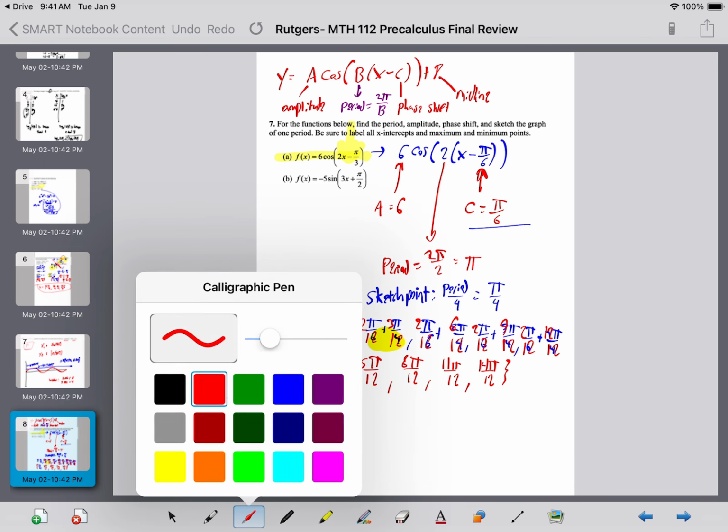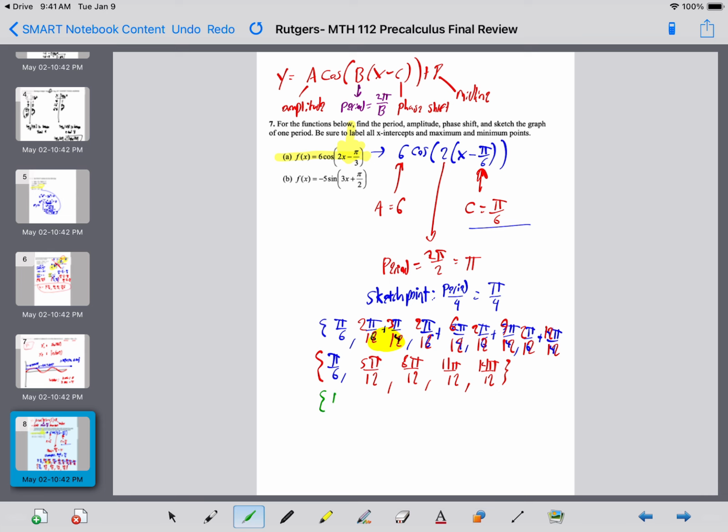So now we have pi over 6, 5 pi over 12, 8 pi over 12 would then be, actually, 4 pi over 12 before. 8, so 2 pi over 3, 11 pi over 12, 14 divided by 2, 7 pi over 6. Okay?